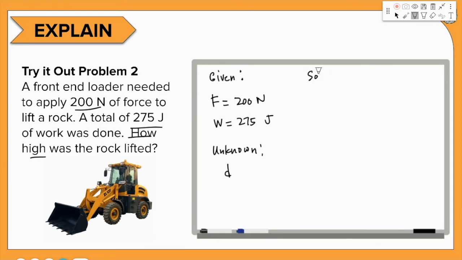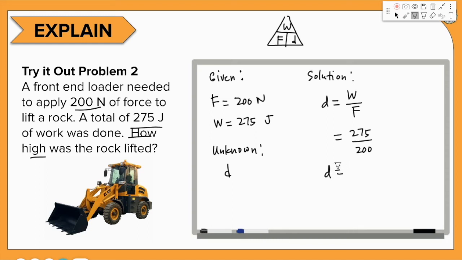Okay, so let's solve. Again, let me bring back the pyramid. So work on top, force and displacement below. So since we're looking for displacement, that will just be work divided by force. So that's just 275 divided by 200. Again, no unit in the solution, but your final answer should have the unit.